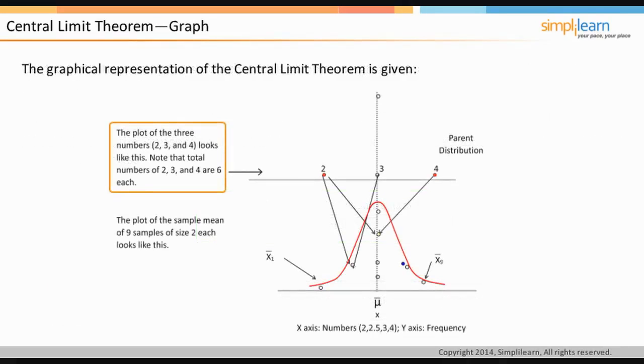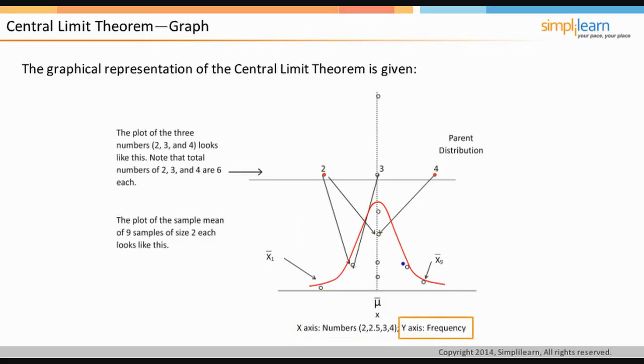The plot of the three numbers 2, 3, and 4 looks as shown in the graph. It is interesting to note that the total number of times each digit is chosen is 6. When the plot of the sample mean of 9 samples of size 2 each is drawn, it looks like the red line which is plotted in the figure. The x-axis shows numbers of the mean which are 2, 2.5, 3, and 4.